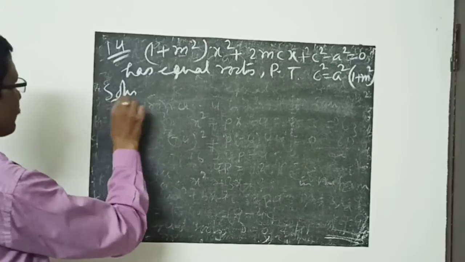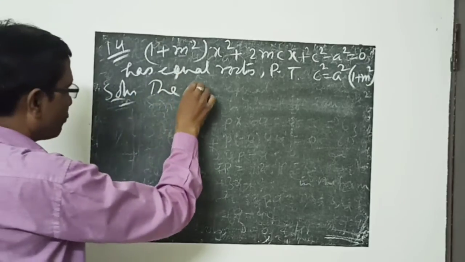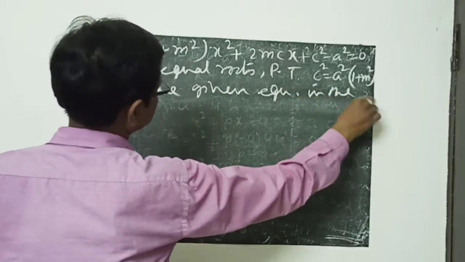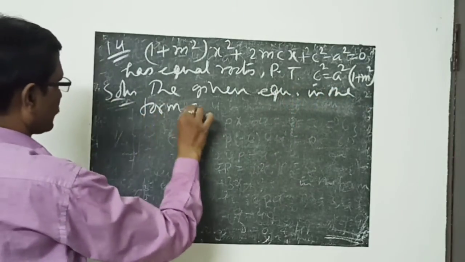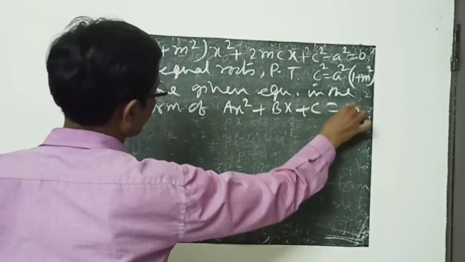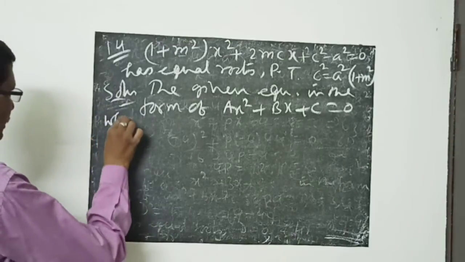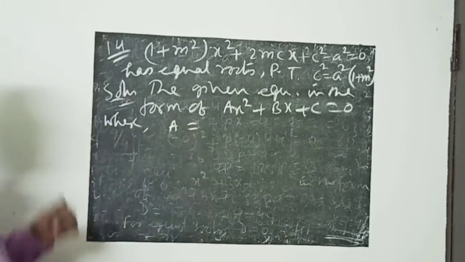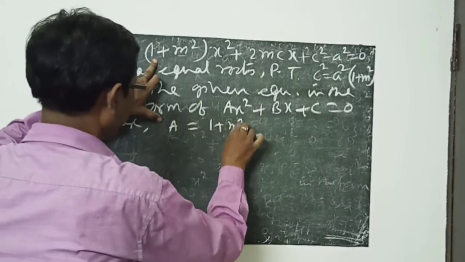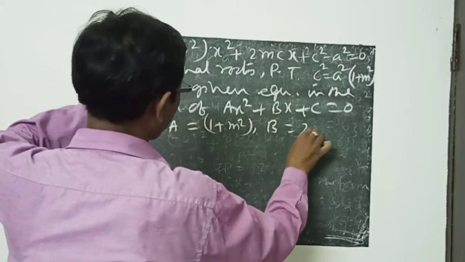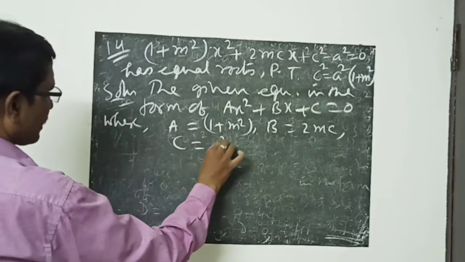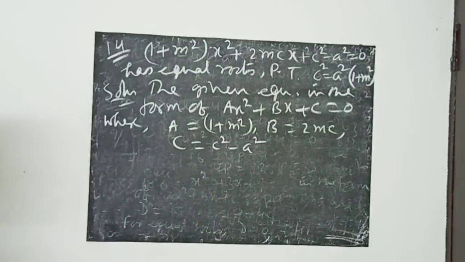So we can see the given equation in the form of Ax square plus Bx plus C equal to 0, where A equal to 1 plus m square, B equal to 2mc, and C equal to c square minus a square.